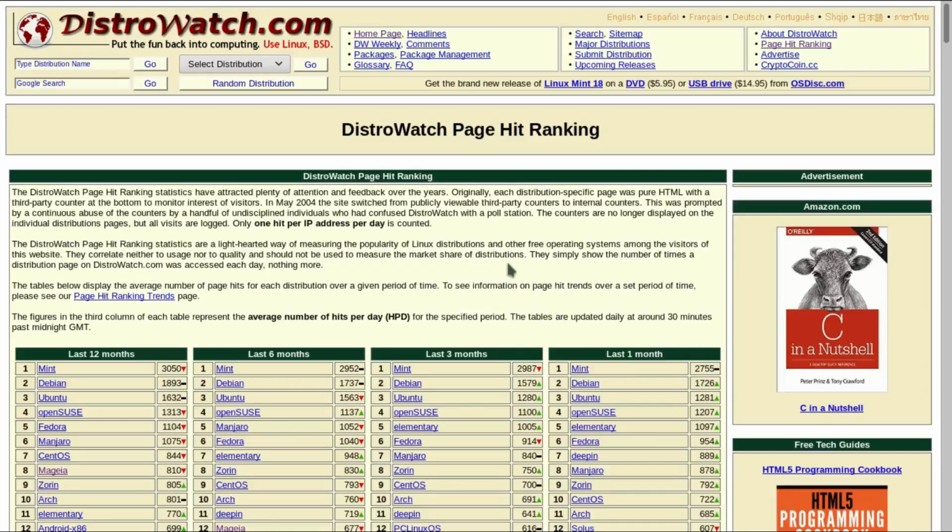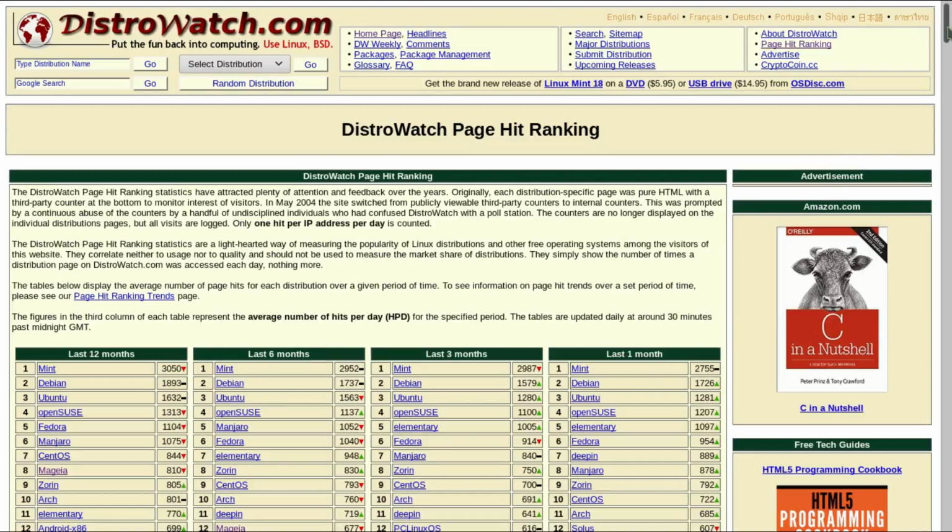They simply show the number of times a distribution page on distrowatch.com was accessed each day, nothing more. Also note that they only count 1 hit per IP address per day. That's to avoid manipulation of the statistics by interested parties.